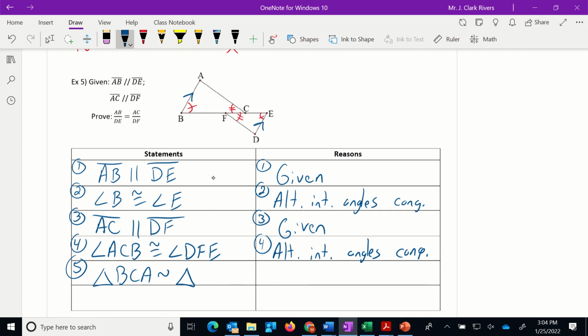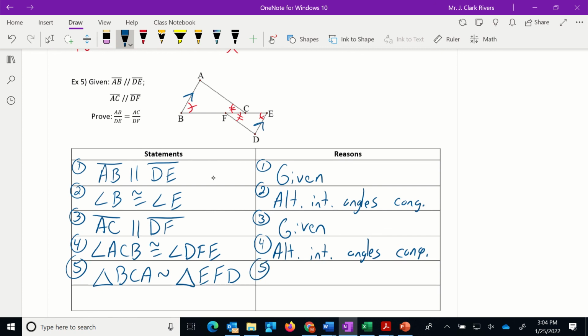Similar to triangle EFD. Let's double check to make sure our similarity statement is good. B, is that congruent to E? Yes. C, is the angle at vertex C congruent to the angle at vertex F? Yes. A and D have to be congruent by the third angle theorem, so I like that. What was that reason on 5?